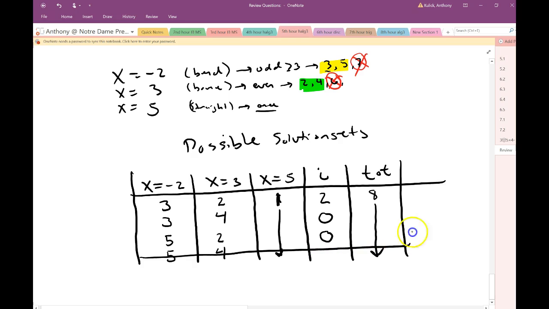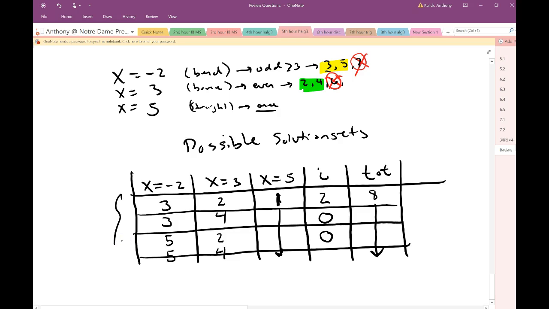That's impossible, so I'm just going to cross that line out. So what I'm left with is my table of possible solutions. One of these 3 is going to be how that solution set is broken up.